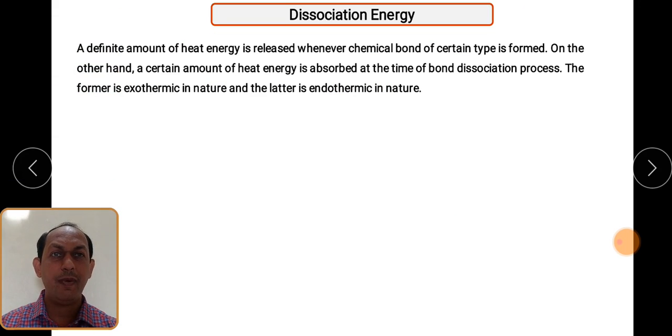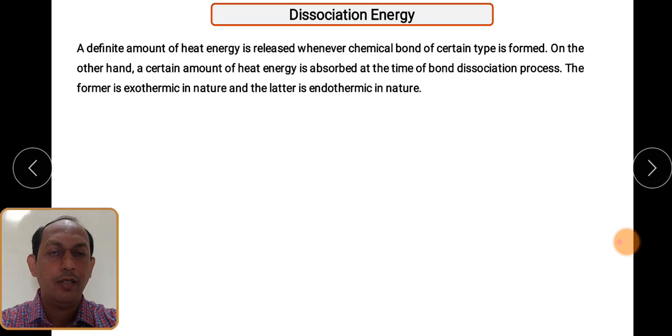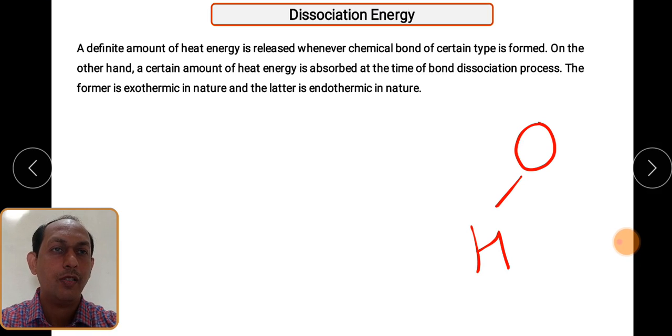Then the next concept is dissociation energy. Dissociation energy मतलब क्या कि कोई भी अगर कंपाउंड है उसके बॉन्ड ब्रेक होते हैं, so that compound gets split up into its constituent elements. Suppose if we take the example of water, in water we know that oxygen is in between, central, and here is the hydrogen on one side and another hydrogen at another side. So these are the two covalent bonds.